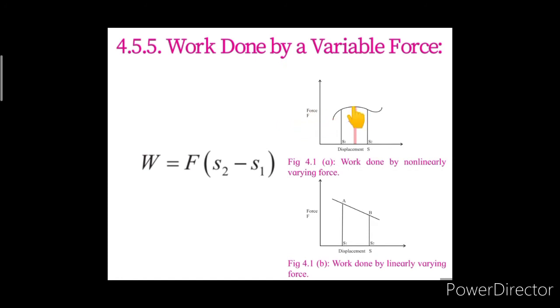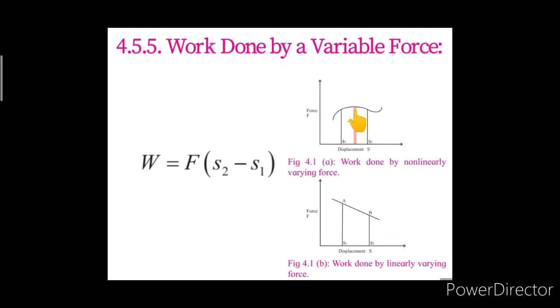So for a very small change in displacement, the force is taken as constant, but when we consider the displacement from S1 to S2, the force is taken as variable. Here we divide the displacement from S1 to S2 into a large number of small displacements ds, and for each the force F is practically constant.